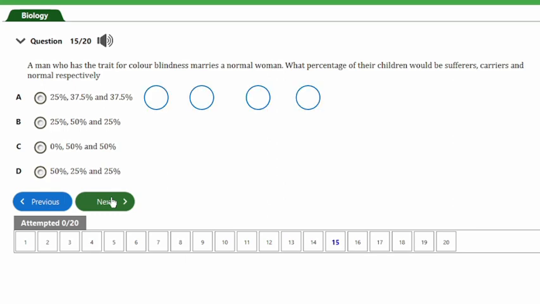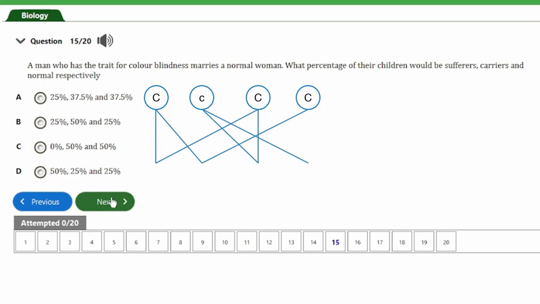So guys, in this case, capital C, small c is crossing with capital C, capital C. So if we make the cross here, we'll have first C to the first C, and that's capital C, capital C. So we have first C to the second C, and that's capital C, capital C. So we have second C to the first C, and that's capital C, small c. And then we have second C to the second C, and that's capital C, small c.